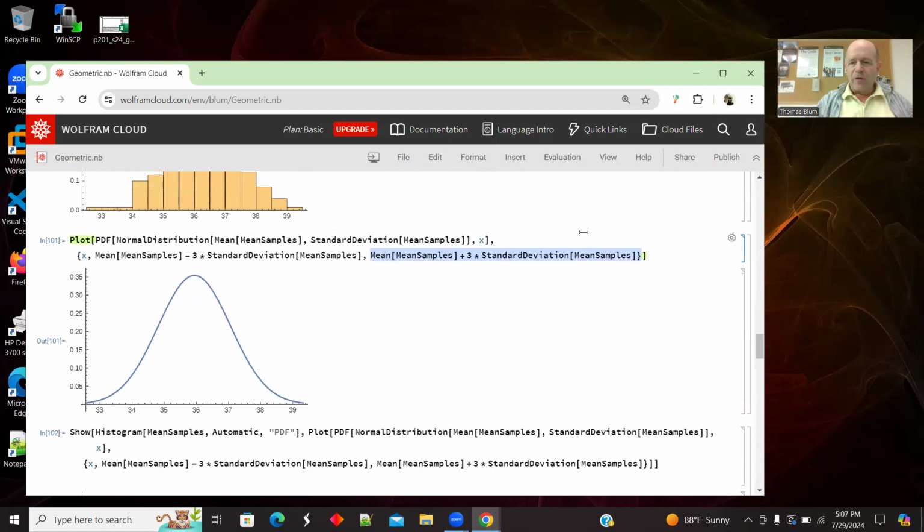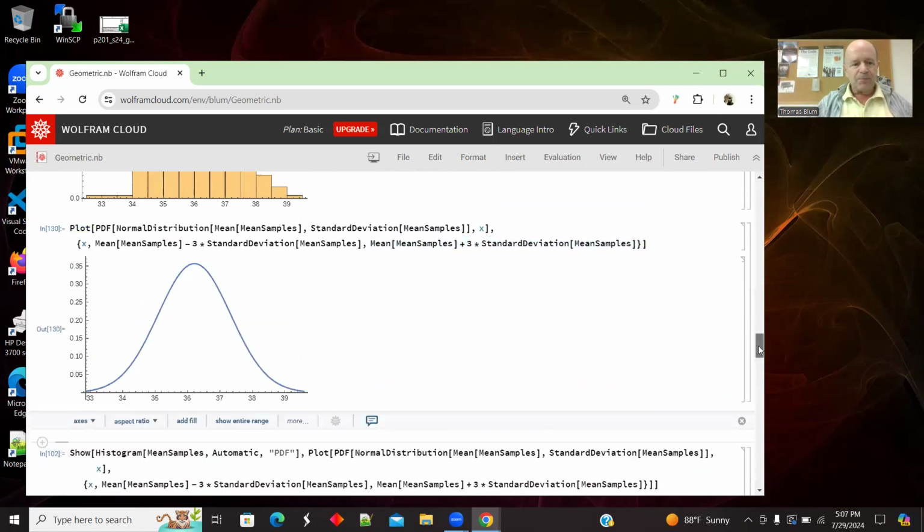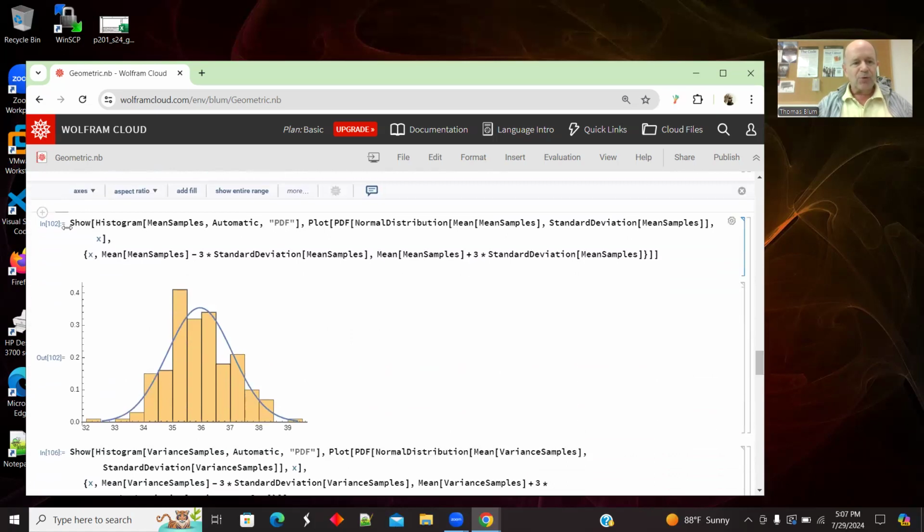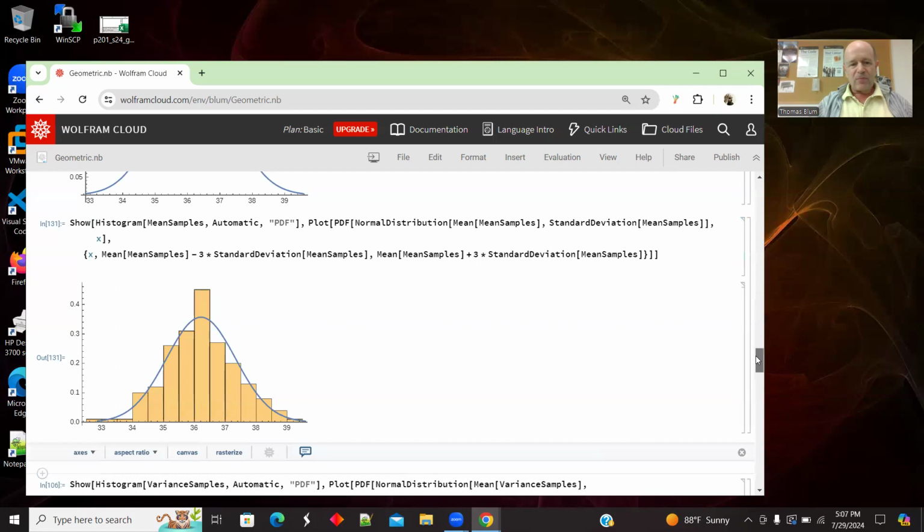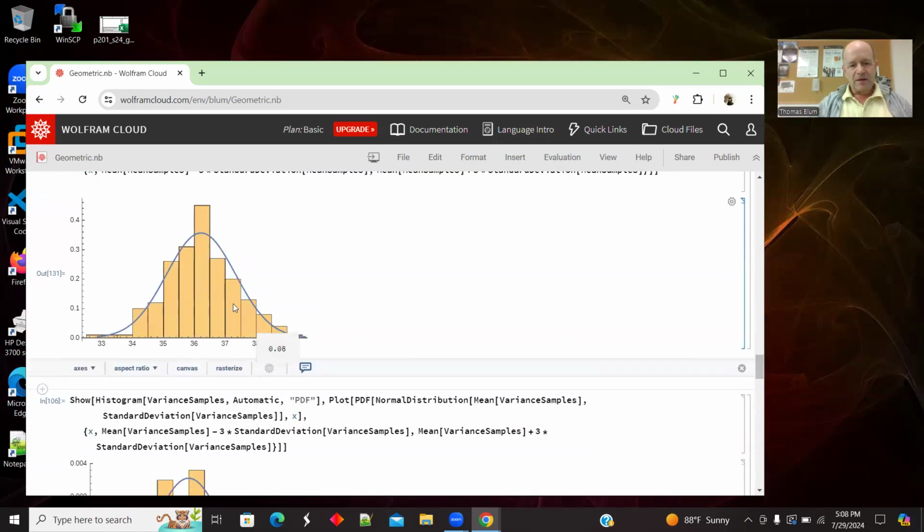So there was that. And then I'm just going to put those two things together. I just typed it out all over again, but all this really is showing is the histogram and that normal distribution together. And we see that it seems to mostly have the right shape.